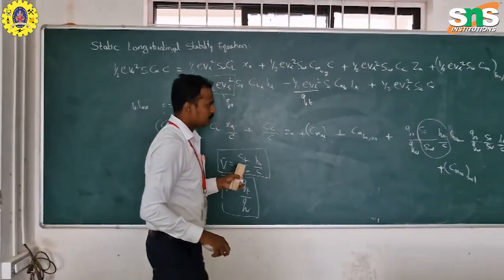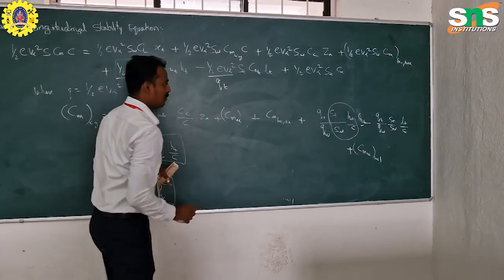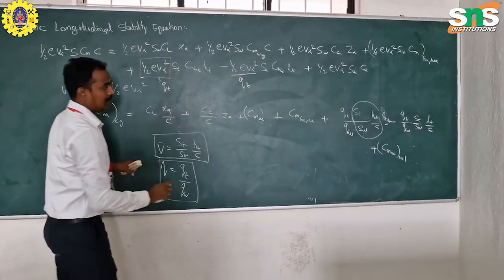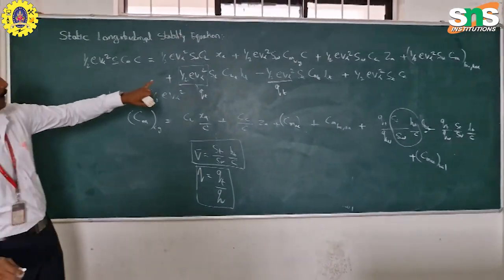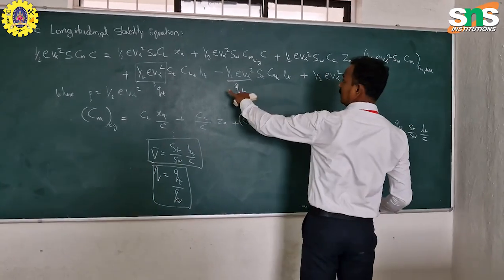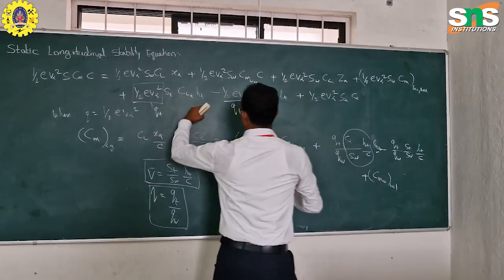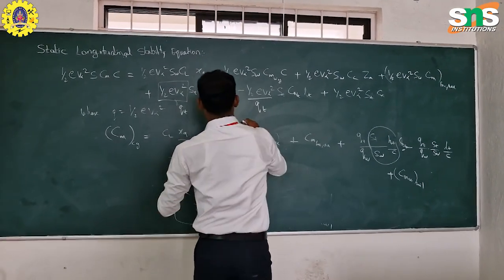Here, this chord-wise force is very small compared with the normal force. Right? This is the normal lift force for the tail.